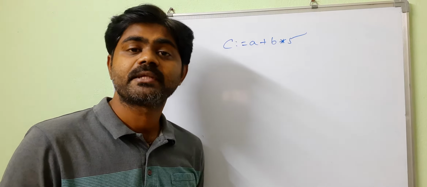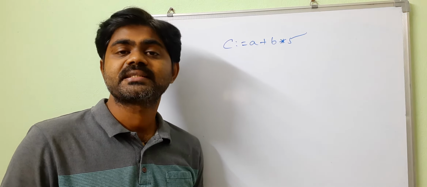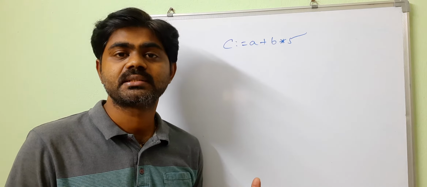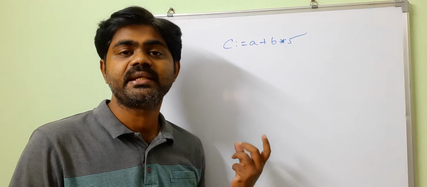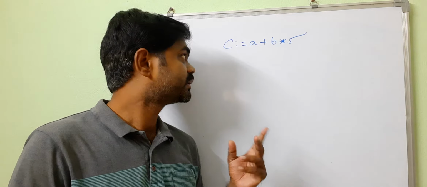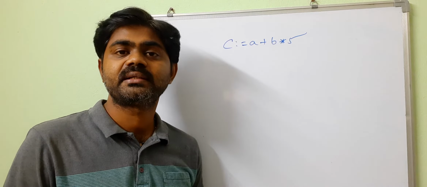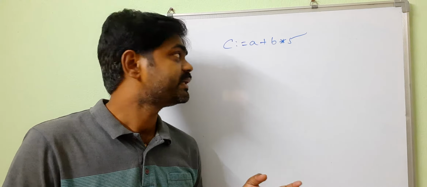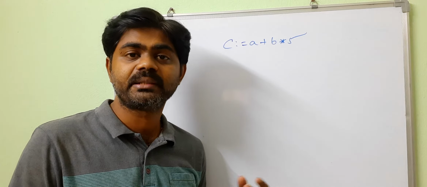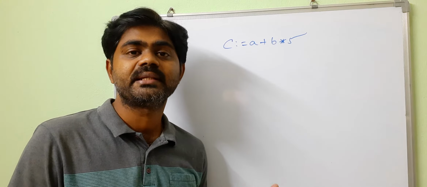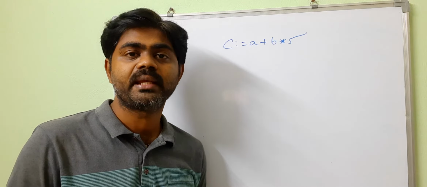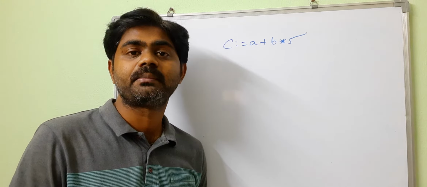In lexical analysis, your source program is divided into tokens: c, equal to, a, plus, b, into, 5 individually. c is an identifier, equal to is an assignment operator, a is an identifier, plus is an addition symbol, b is an identifier, star is a multiplication symbol, and 5 can be either integer or float. It's our choice whether we convert from integer to float or float to int. That's what lexical analysis is all about.